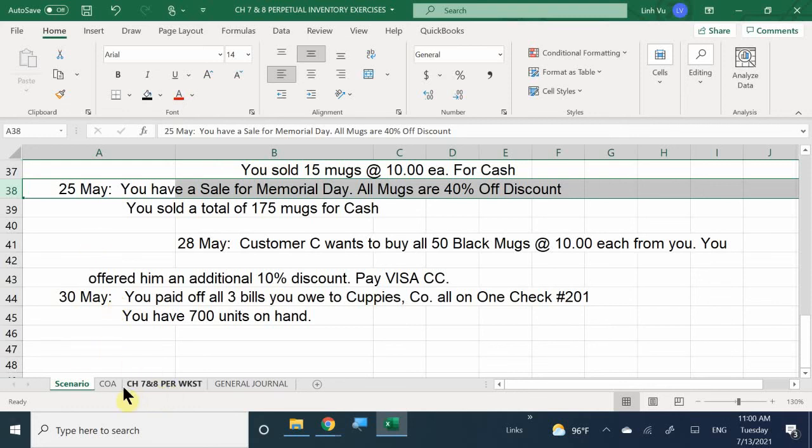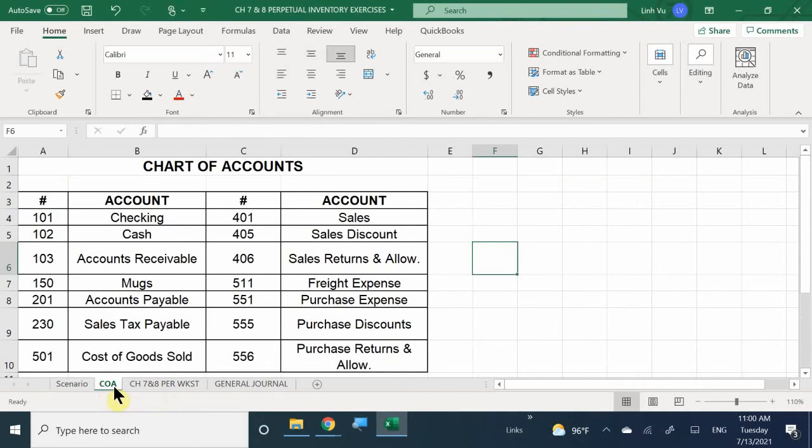Okay, so let's take a look at my chart of accounts first. 541.25. Okay, good. That's exactly how much you're going to be sending. Now, what account is going to reflect a credit card transaction? Checking. Okay, because in this case, when a customer uses a credit card, it goes straight to our banking account.